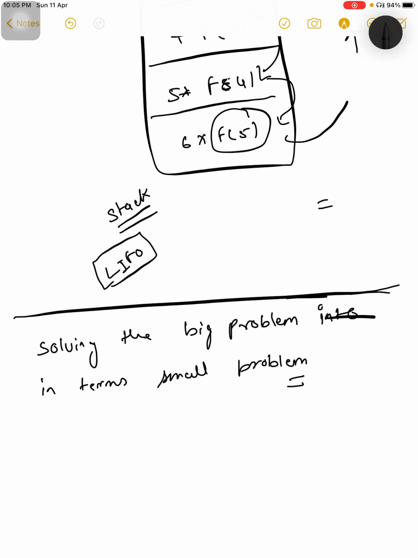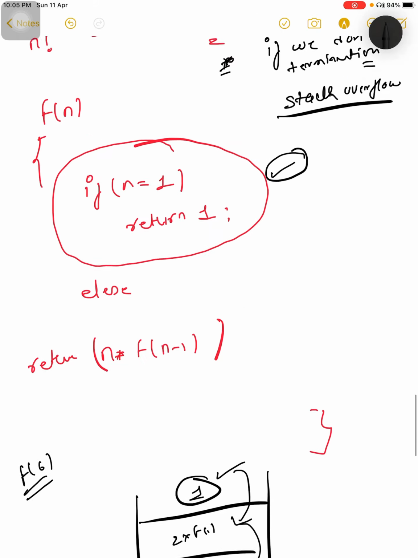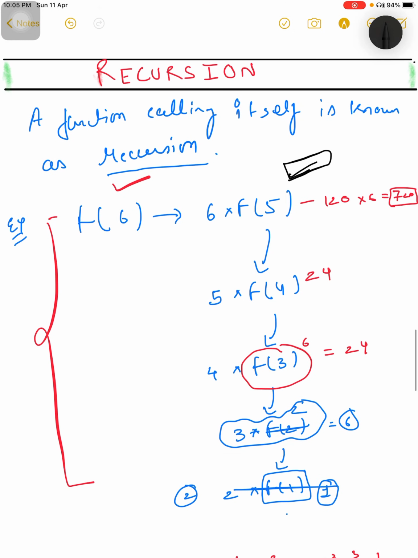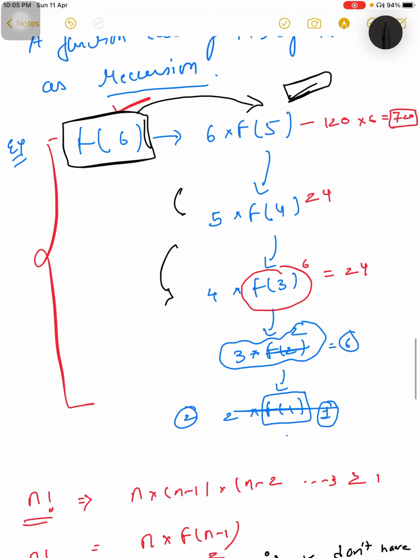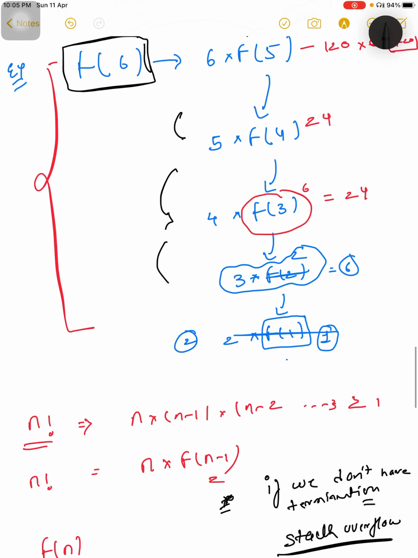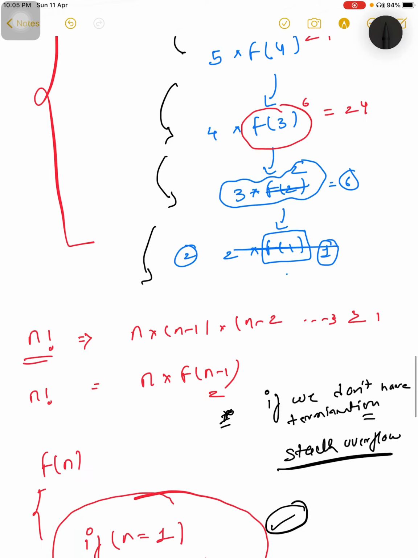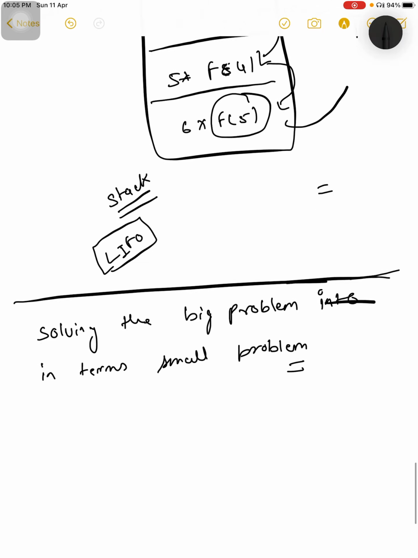What we have done in the above example is we had a big problem: suppose we wanted to calculate the factorial of 6. We repeatedly broke that problem down into smaller problems, which we can easily solve. And when we solve these smaller problems, we are able to generate the result for the big problem.